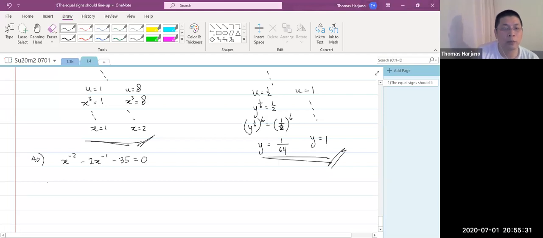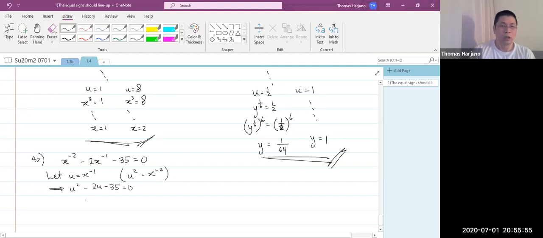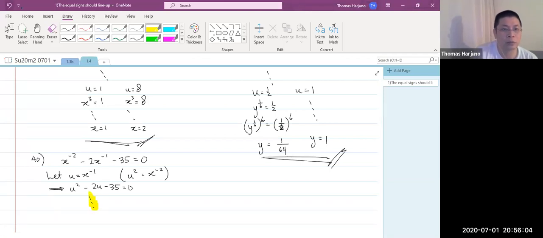One way is by quadratic-like, so you say let u equals x to the negative 1. So u squared will be x to the negative 2, right? So we end up with u squared minus 2u minus 35 equals 0. And then when you solve that, you need to show that though. Okay, don't do dot dot dot. I have the right when I teach that, but you don't have the right to do that in your test.